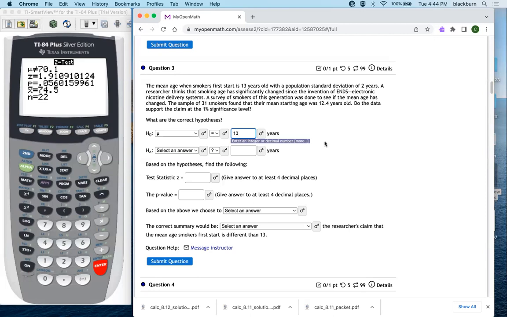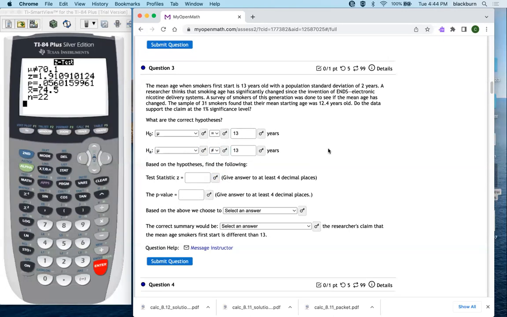A survey of smokers in this generation was done to see if the mean age has changed. That's does not equal. You're going to see 3 different inequality symbols here: less than, greater than, or does not equal. This is going to be a does not equal.